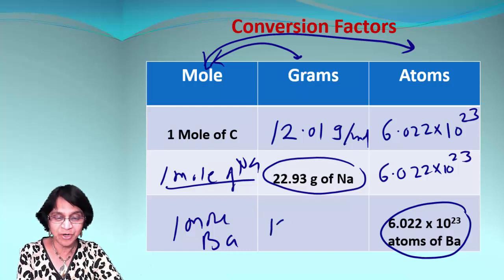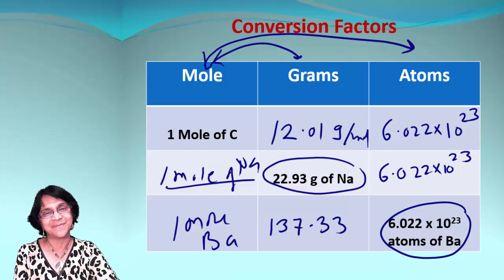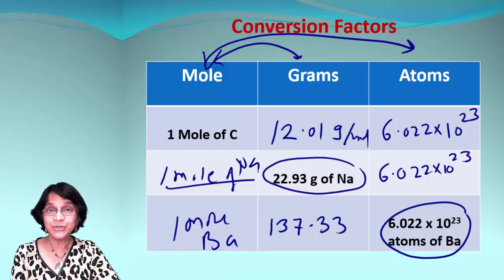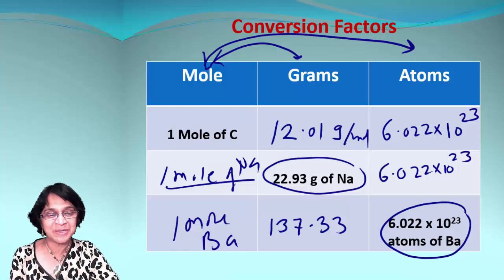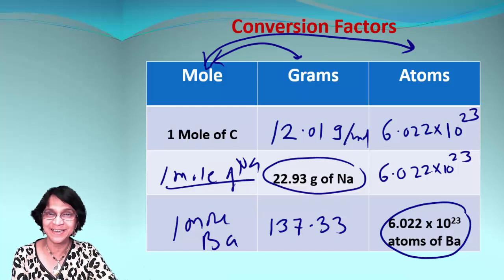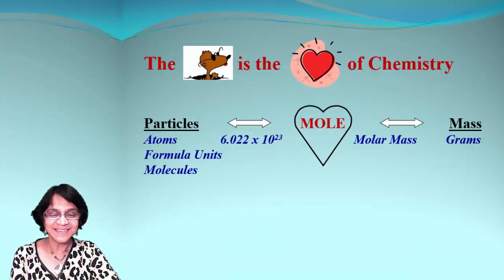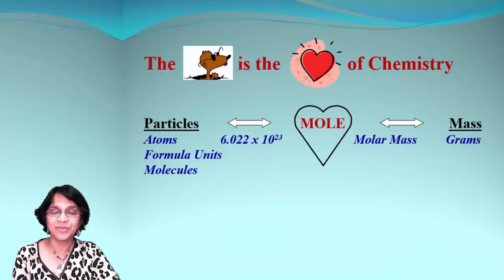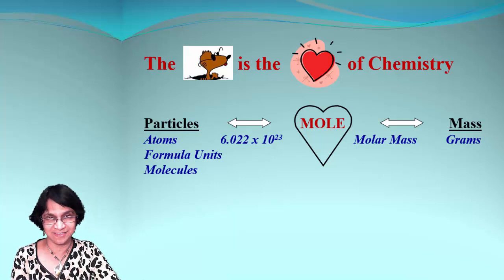We are going to look in the periodic table to find the atomic mass, which is 137.33 grams. So there you go. Now you can find the unknowns between moles, grams and atoms for any given element. Alright, now we are going to begin with the main conversion problems, which is of course dimensional analysis.